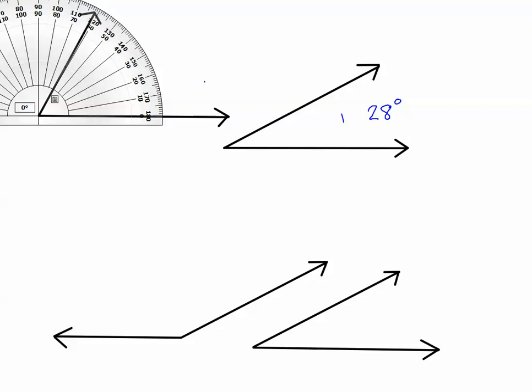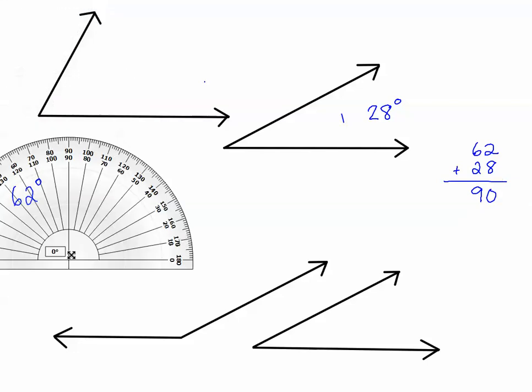So this other angle measures 62 degrees. Now what do you notice about 62 degrees and 28 degrees? 62 plus 28 adds up to 90. So these two angles are complementary.